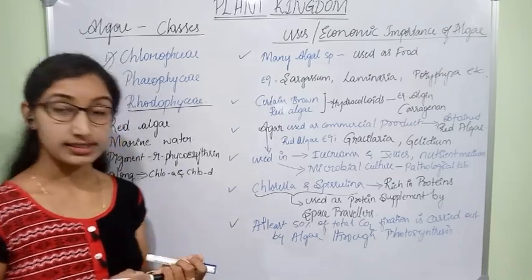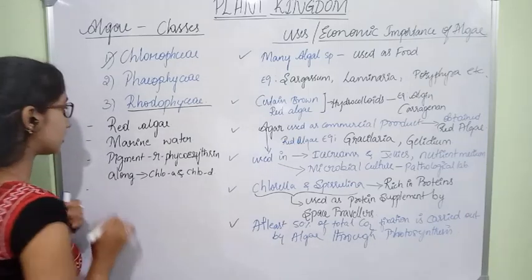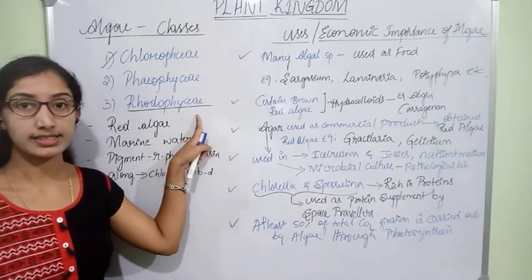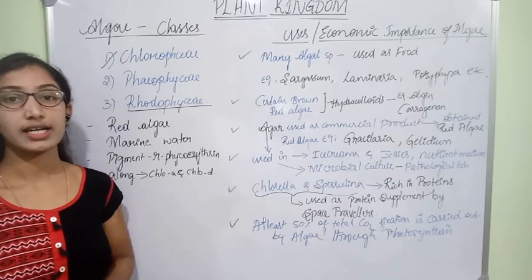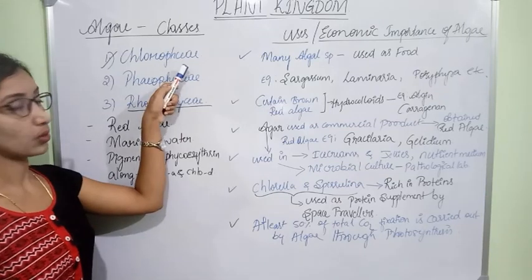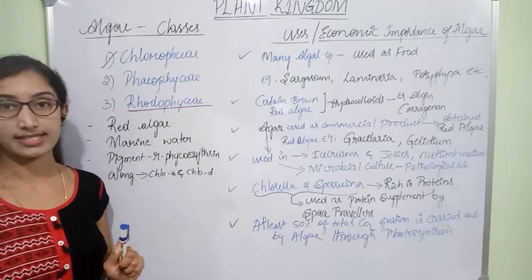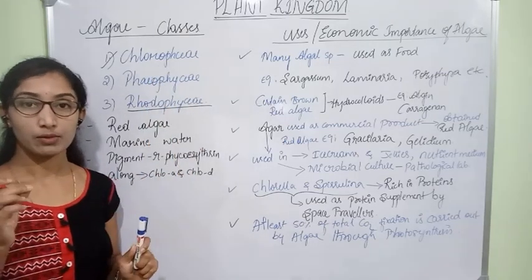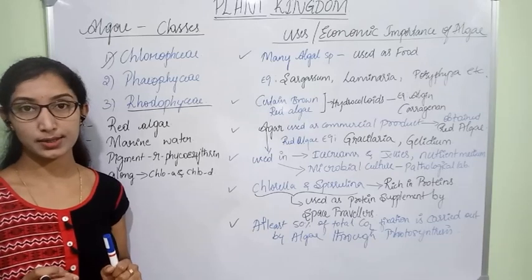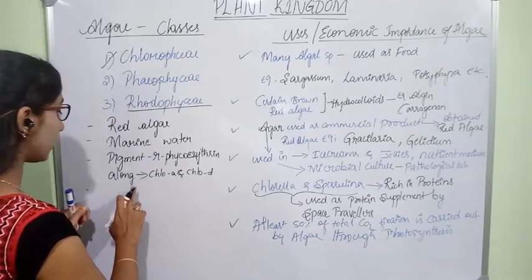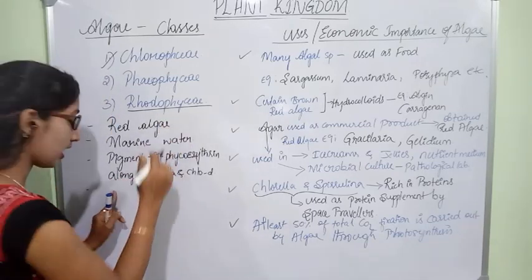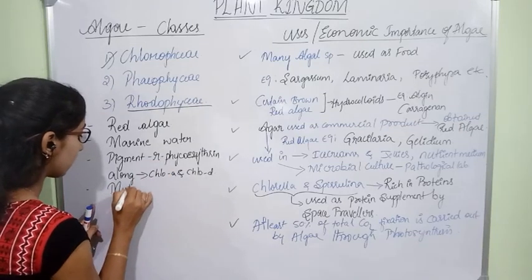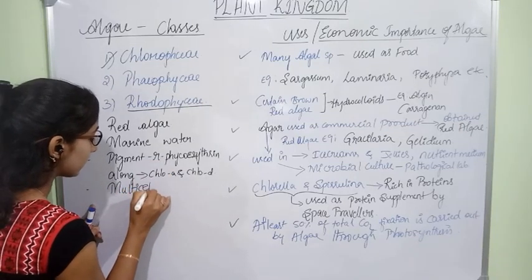And when we observe, these Rhodophyceae are more evolved than Chlorophyceae and Phaeophyceae, because those were usually unicellular, but the Rhodophyceae members are multicellular.